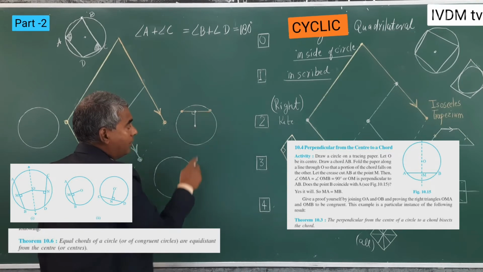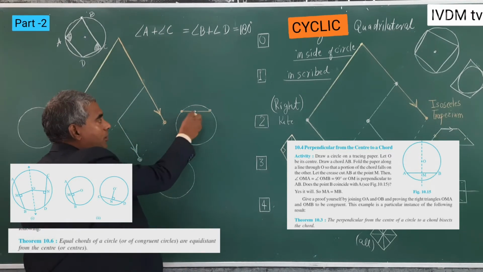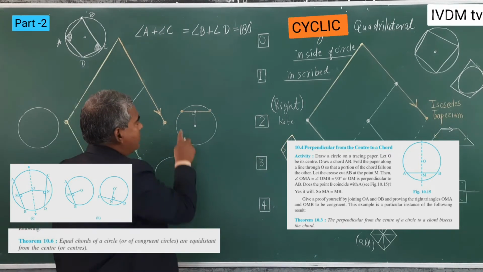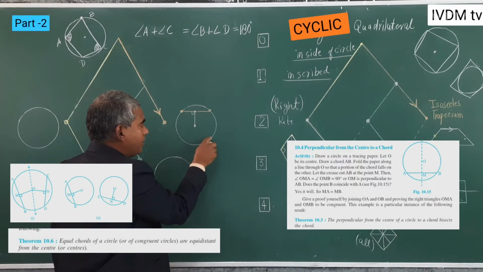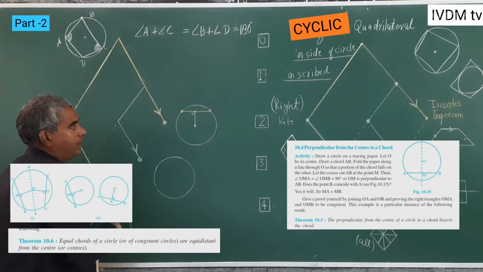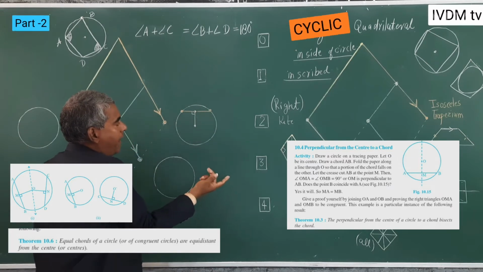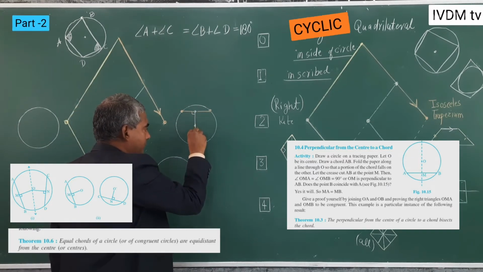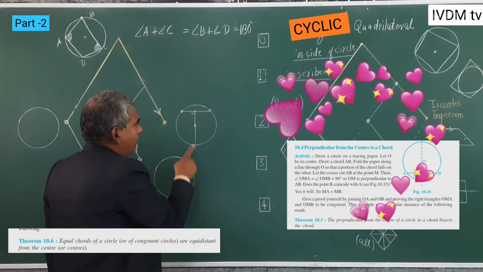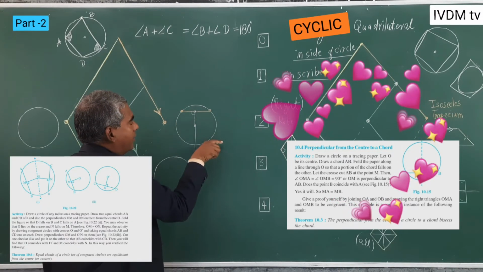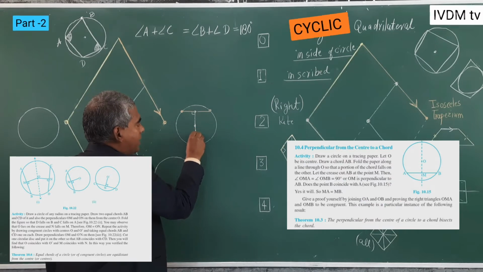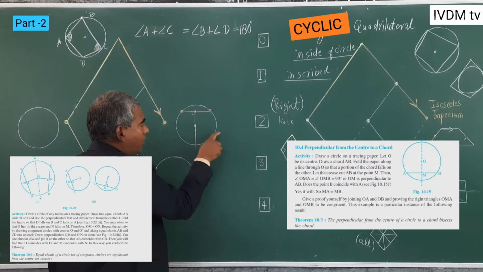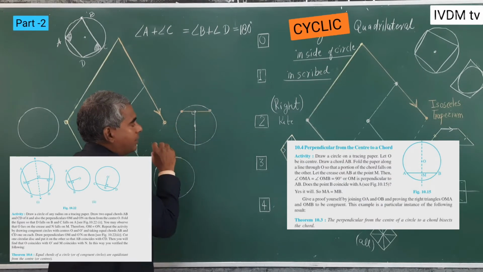But here I am not talking about equal chords, I am talking about parallel chords. Parallel chords may also be equal, in which case you will have a square. So I am only talking about parallel chords. Parallel means just extend this line, and anywhere take 90 degrees here, and draw a parallel line through it.